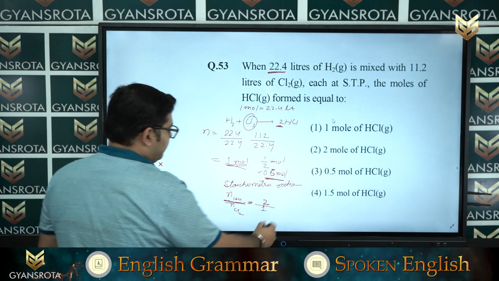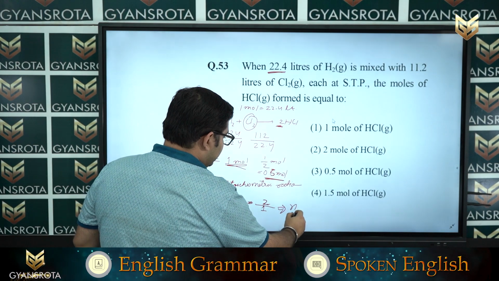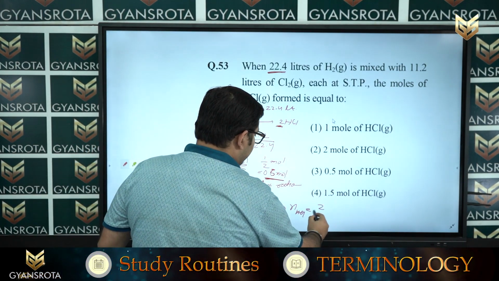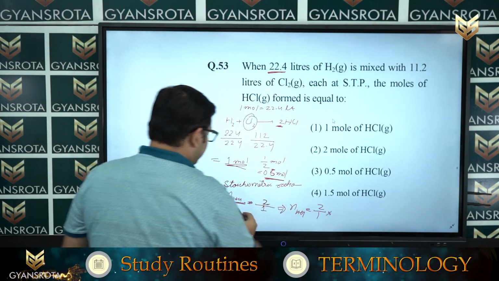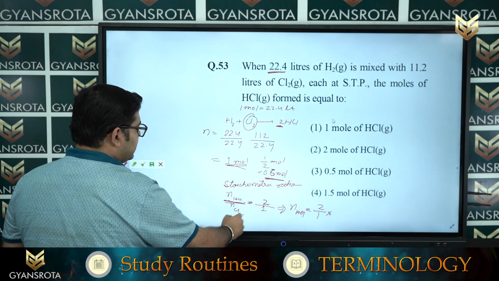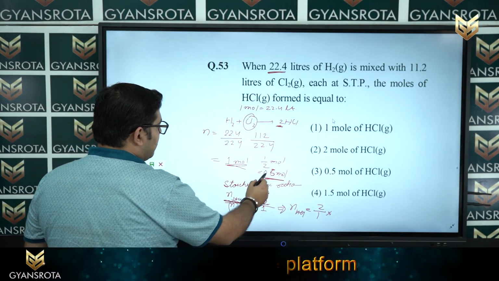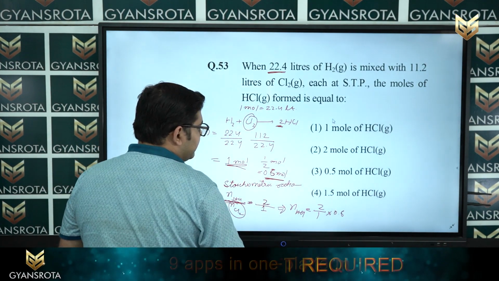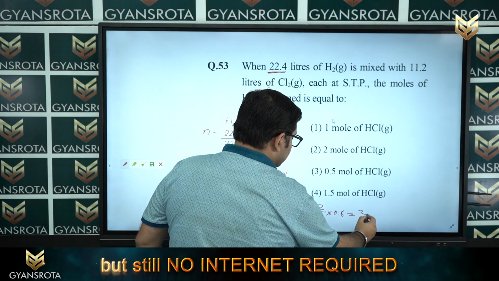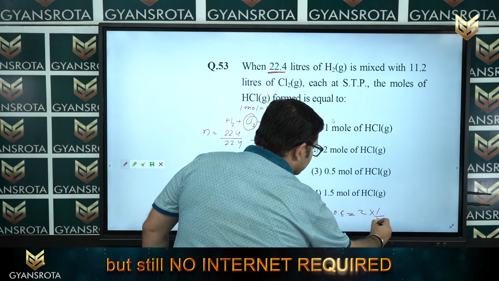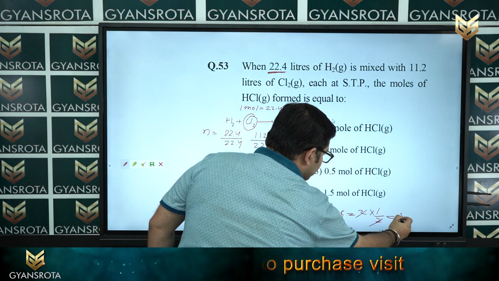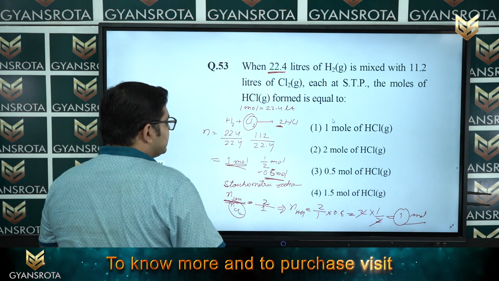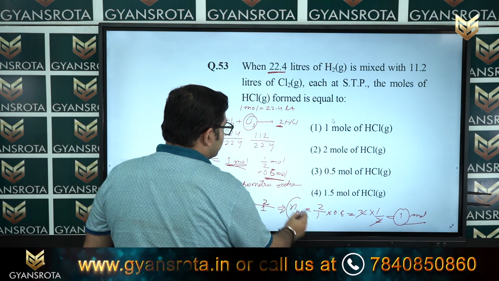So if I take 2 by 1 and do the cross multiplication, moles of Cl2 is 0.5, and 0.5 is nothing but half. So this one is cancelled, and you get 1 mole. So 1 mole is the correct answer of this question.